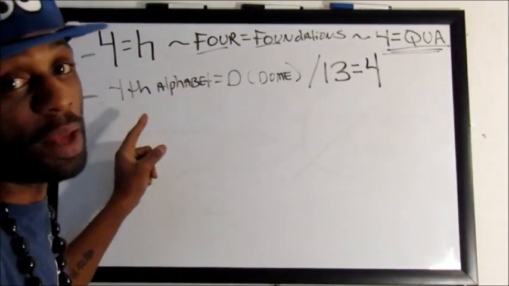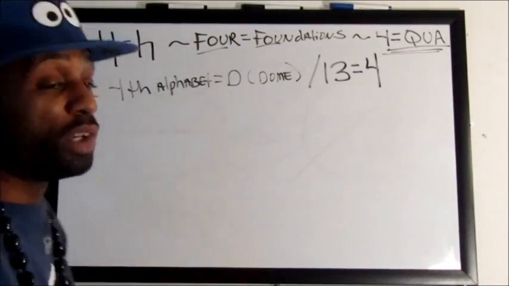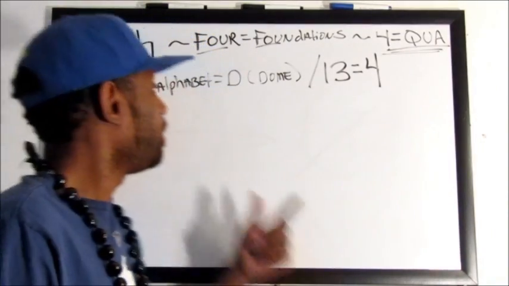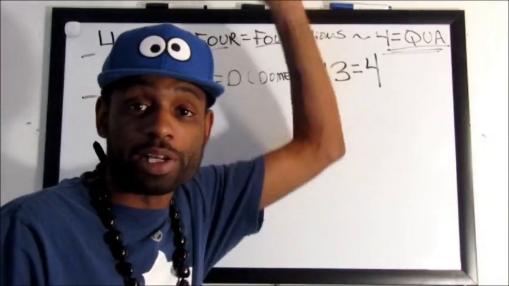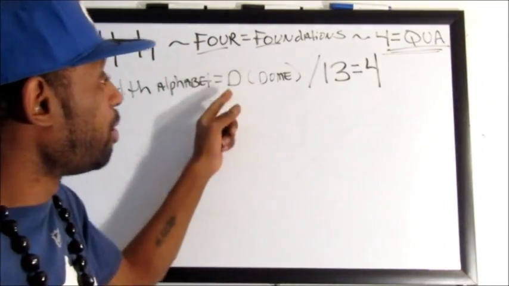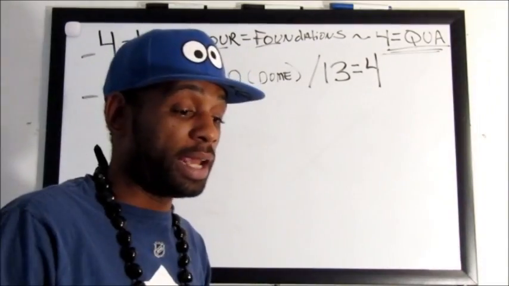The 4th alphabet is the letter D, which is the symbol for net in Egyptian hieroglyph. The alphabet D represents the dome, the firmament dome. And again, its symbol means net in Kemet.